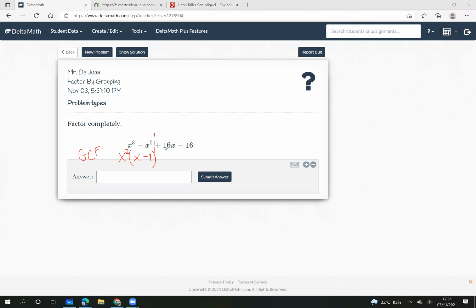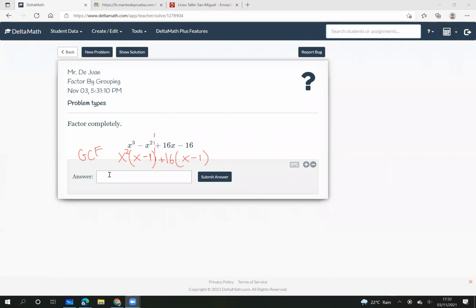If I take a variable, nope, can't do a variable. So I know it's going to have to be a number. If I take 16 to the outside, I can take x minus 1. The one on the left is the same as the one on the right.